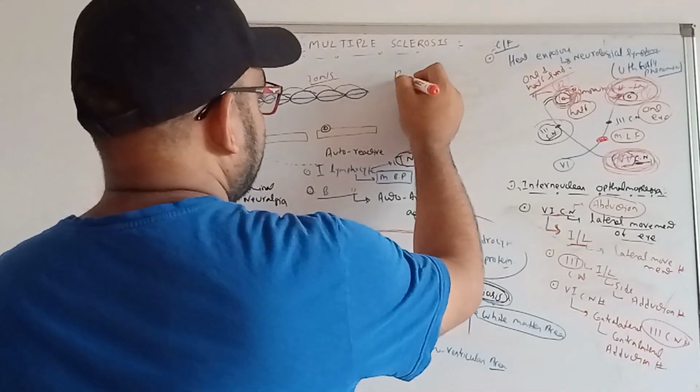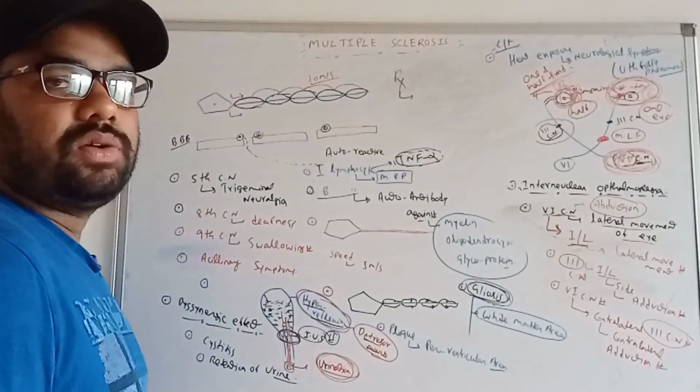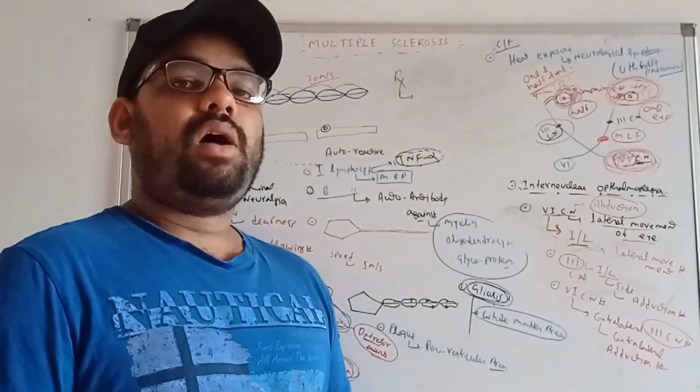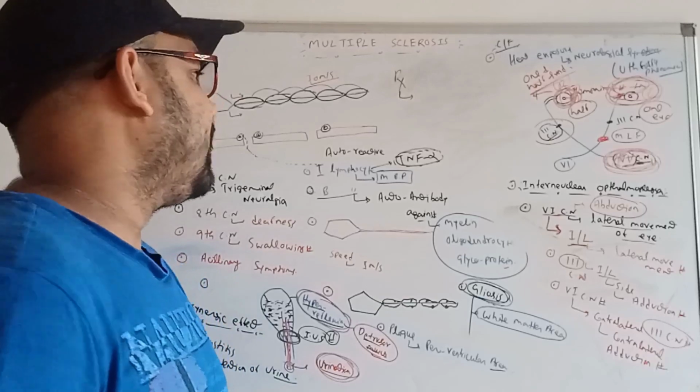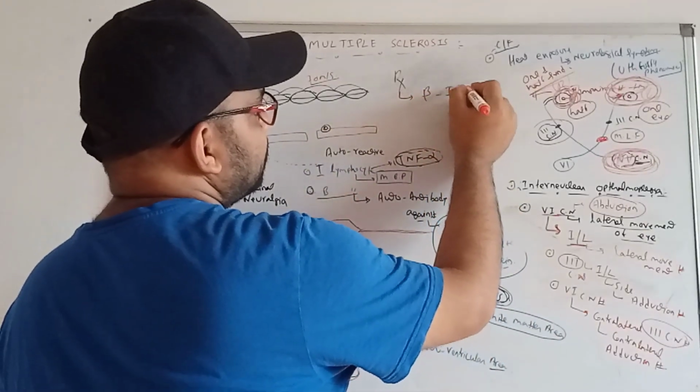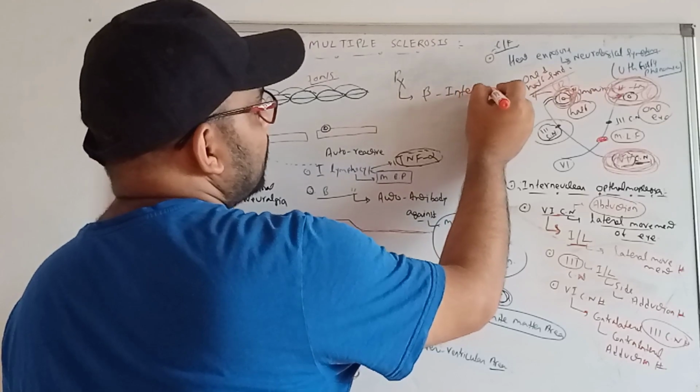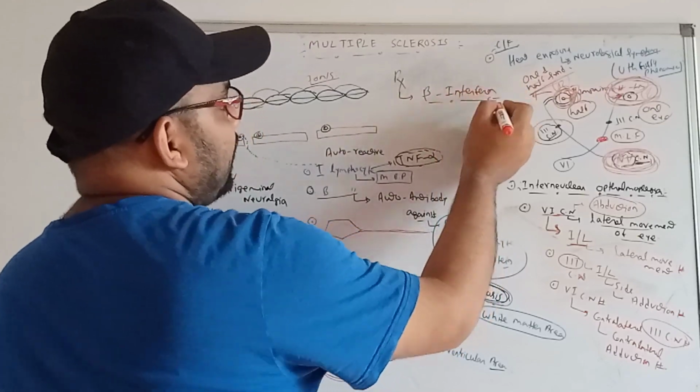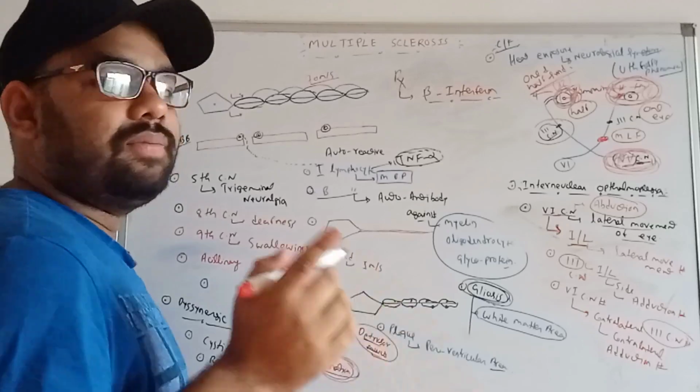As far as the treatment of multiple sclerosis is concerned, the first line drug you can use is beta interferon. What is the function of beta interferon? It will inhibit the T cells. What does it do in the pathophysiology?